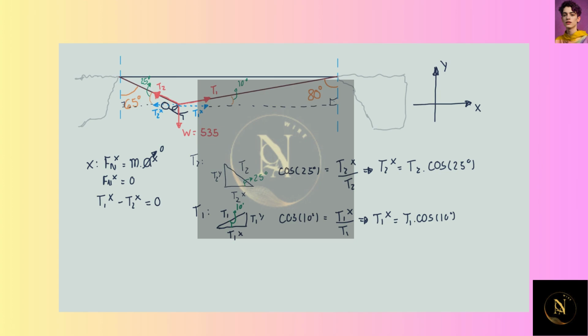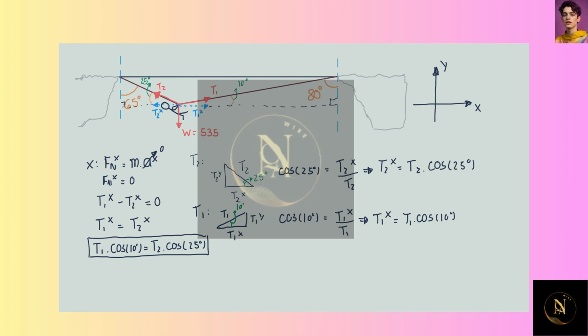Then we can use these results in this equation to get a relation between T1 and T2, and this relation is the following. T1x is equal to T2x. Then T1 times the cosine of 10 degrees is equal to T2 times the cosine of 25 degrees. And now we have one equation, but we are left with two variables.